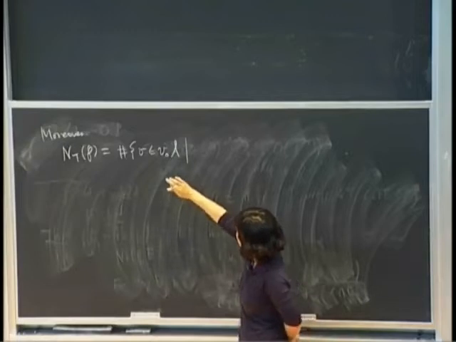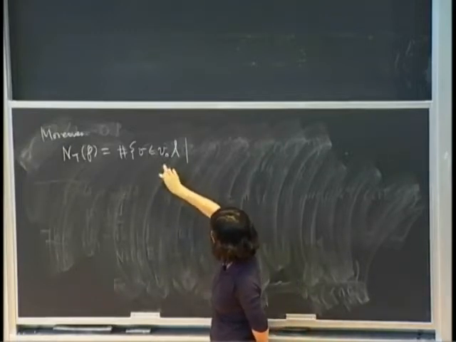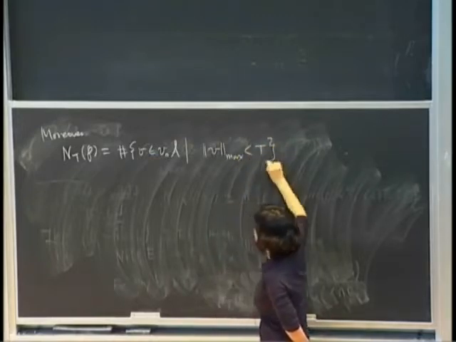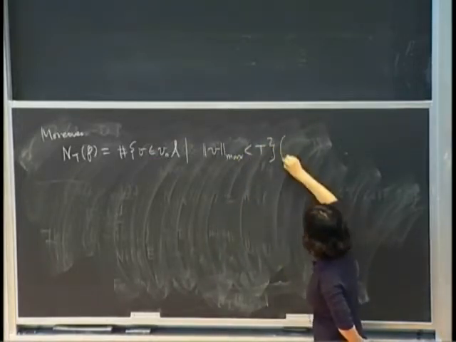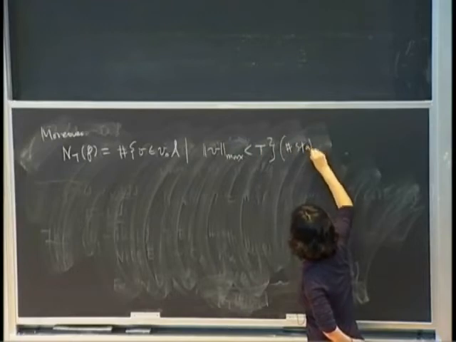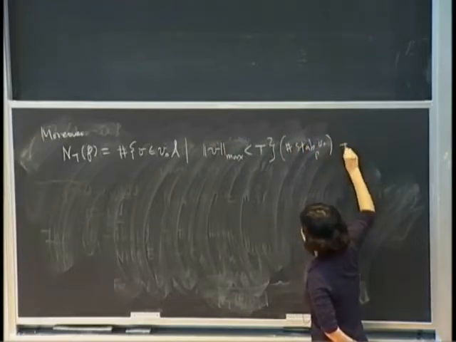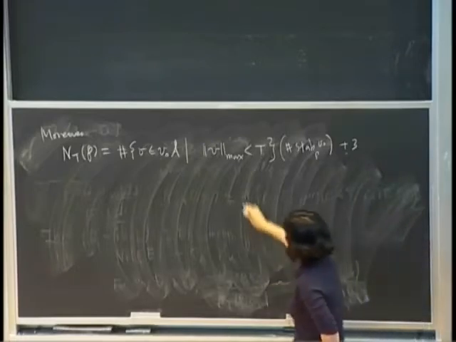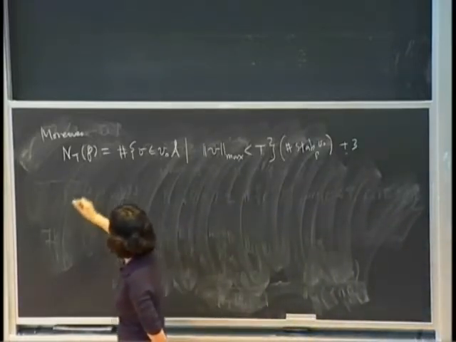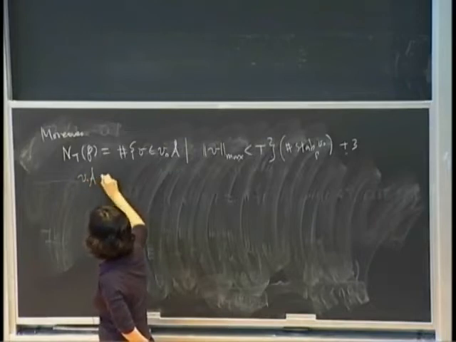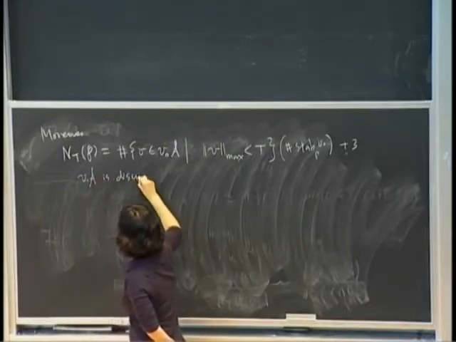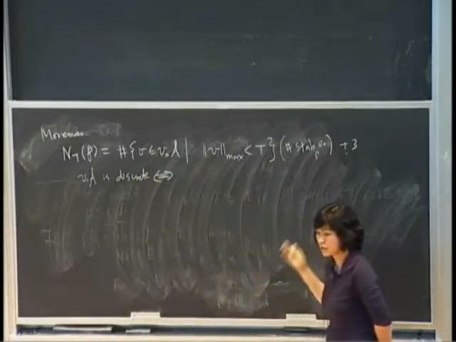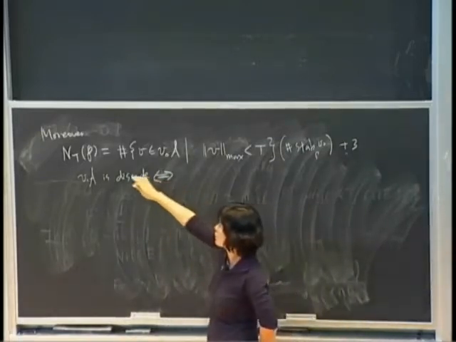And then you count all the vectors in this orbit of the Apollonian group such that the maximum norm of this vector is less than T, and then times something: the stabilizer of this v naught in gamma plus 3. Okay. So one can prove this, and then this relation shows that also this orbit v naught A is discrete. So you don't always get a discrete orbit, but it's discrete exactly when this counting function is well defined.